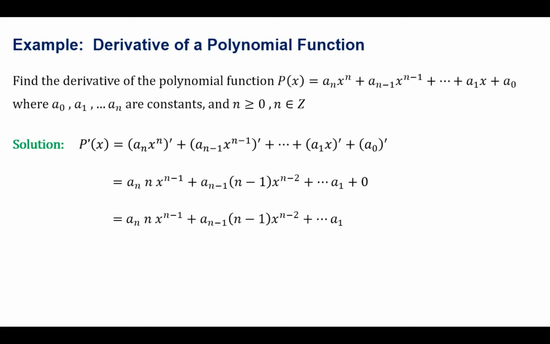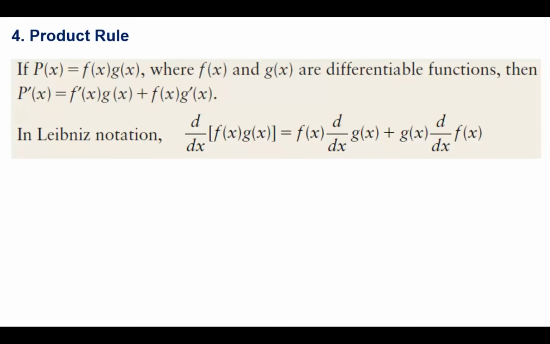No? Okay, then next let's have a look at another important rule, which is called the product rule. So this rule states that if P(x) is a product of two functions, f(x) times g(x), where f(x) and g(x) are differentiable functions, then the derivative of P(x), P prime of x, equals the derivative of the first function, f prime of x, times g(x), plus f(x) times the derivative of g(x), g prime of x.